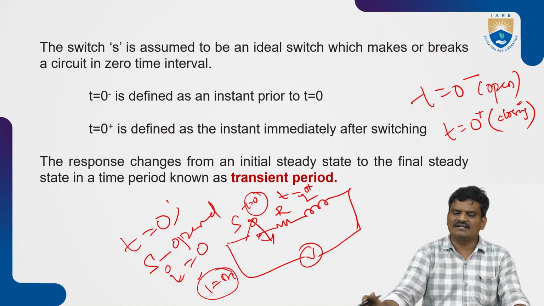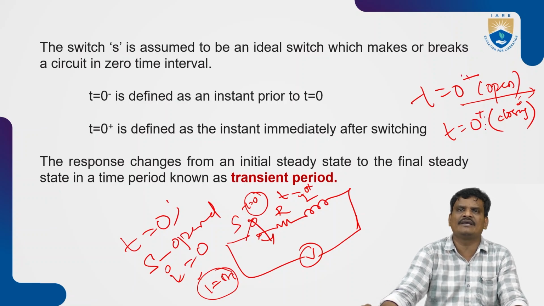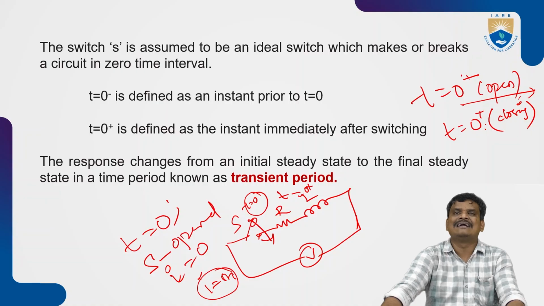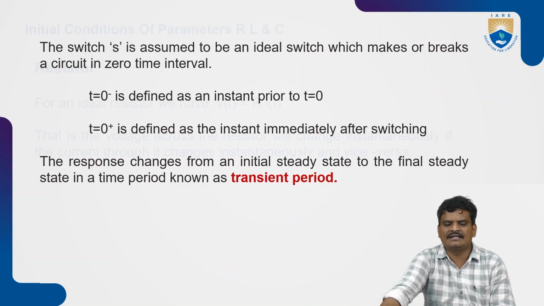The time taken between 0 minus and 0 plus is considered as a transient period, or else it can also be considered as a transient time.